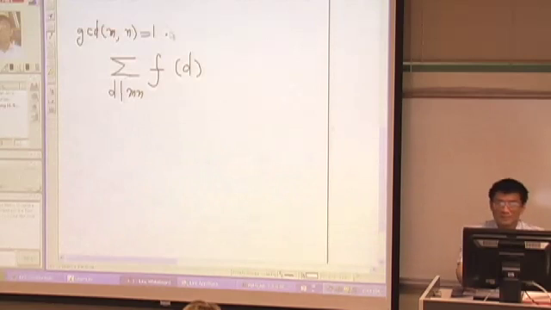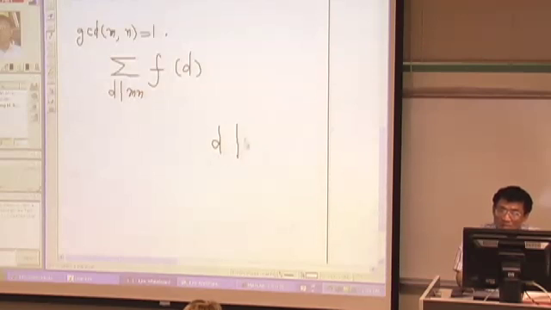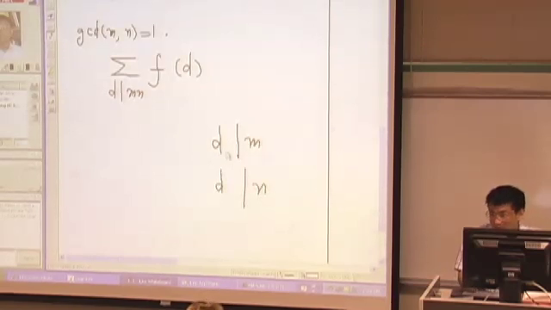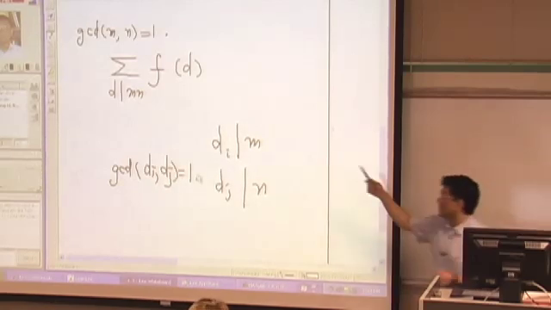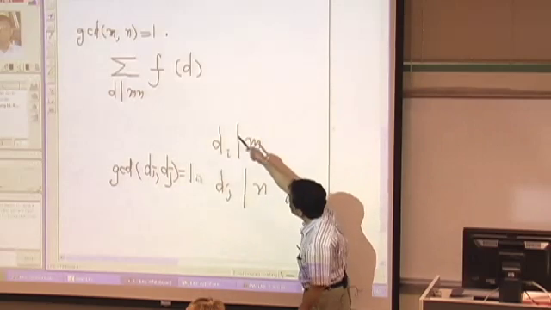Then, because the GCD of m and n is 1, the divisors dividing the first one and the divisors dividing the second one could not intersect. Assume that we call them d_i and d_j. Then the GCD of d_i and d_j should be equal to what? 1, because m and n have GCD equal to 1.